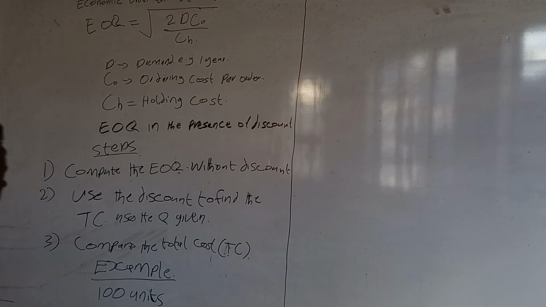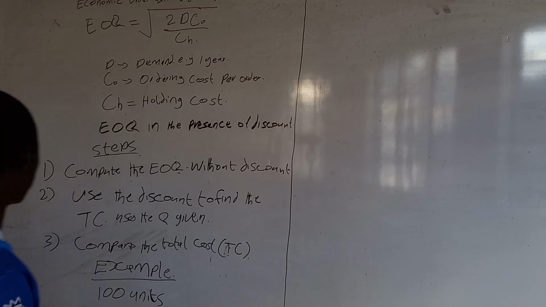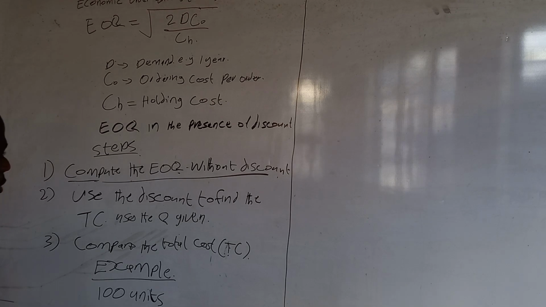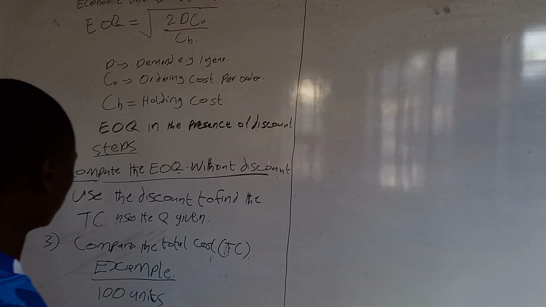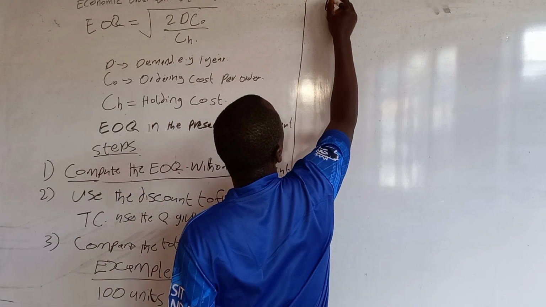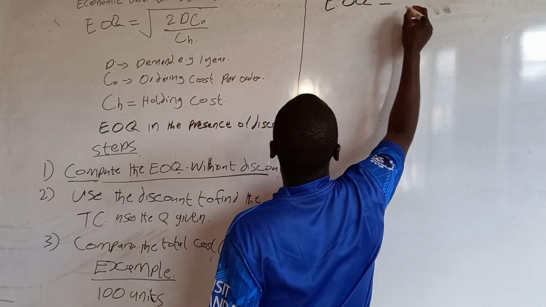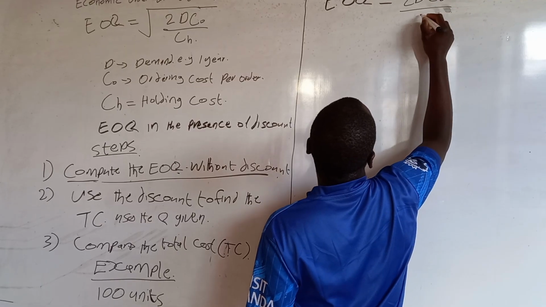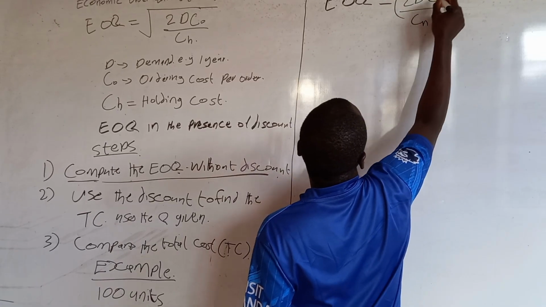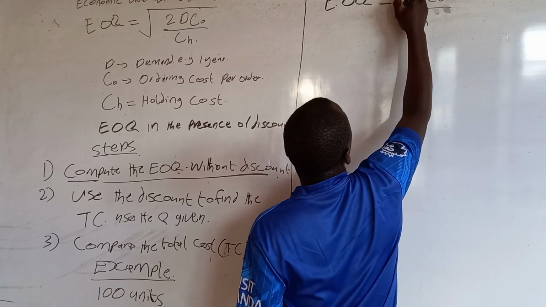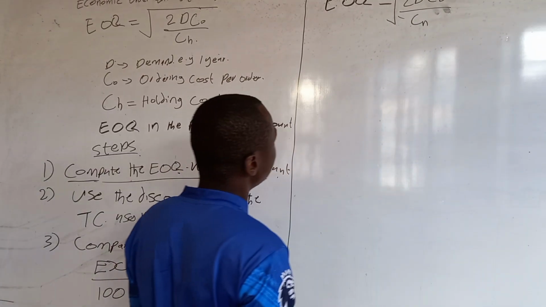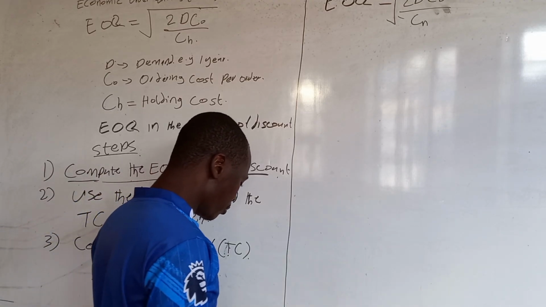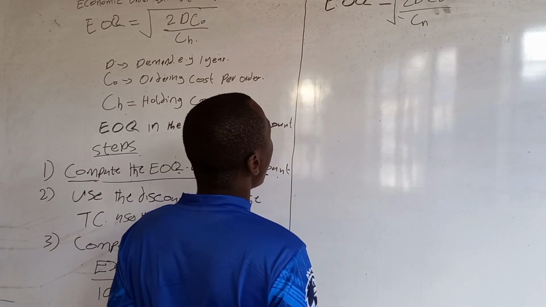Now, that's where we start the calculation. We first start with step one, finding the EOQ. Now, our EOQ is always the square root of 2D CO divided by CH. Now, what is our D?